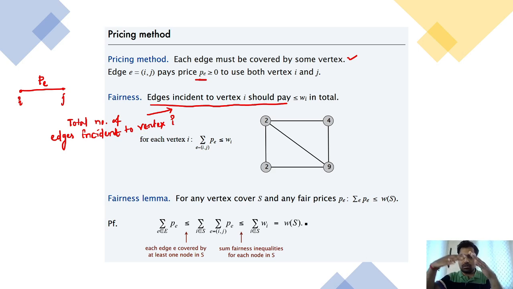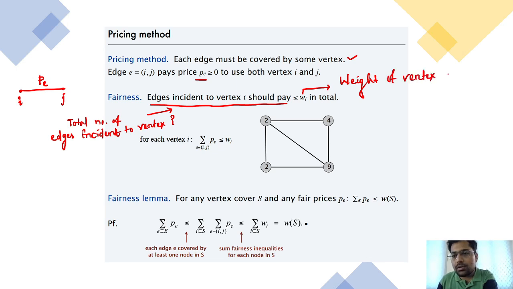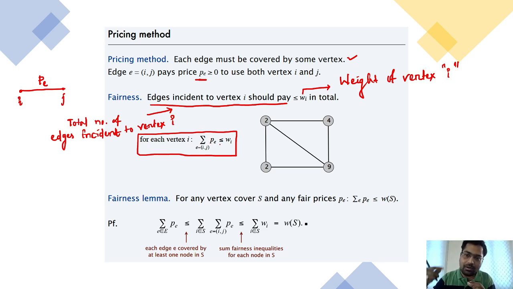This represents all the edges which are incident towards the vertex i should be less than or equal to the weight of vertex i. So the weight of the vertex i, this is the fairness condition. With that condition we can run the approximation. Clear? So for each vertex i, whatever cost is assigned to an edge should be less than or equal to the weight assigned to a vertex. This is the fairness condition.